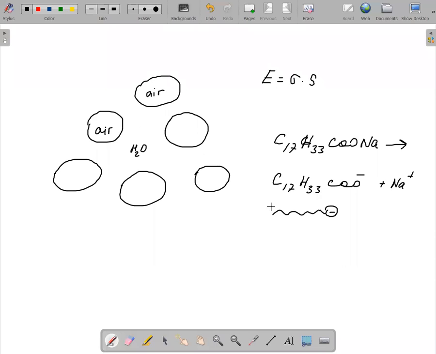Of course, this surfactant will direct its non-polar tail into the non-polar phase and will leave its polar functional groups in the polar solvent.